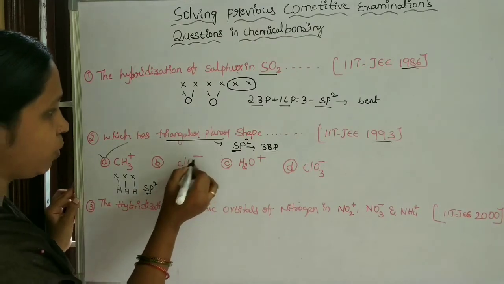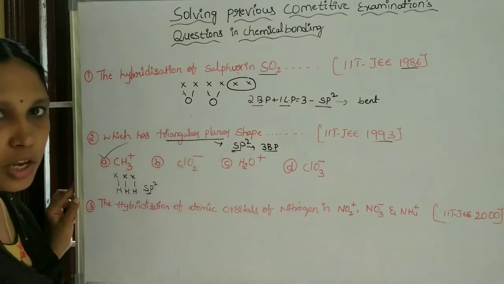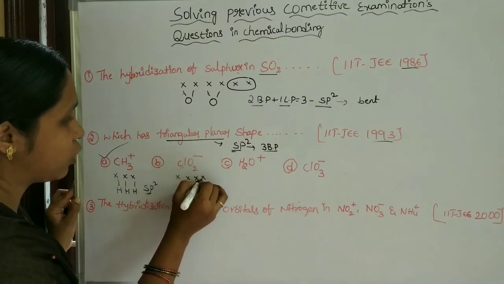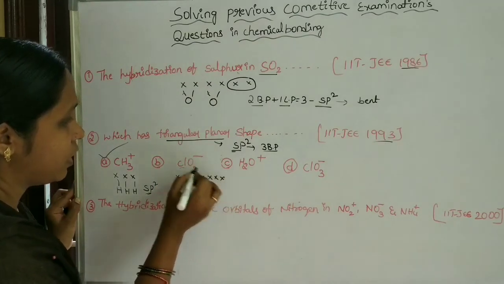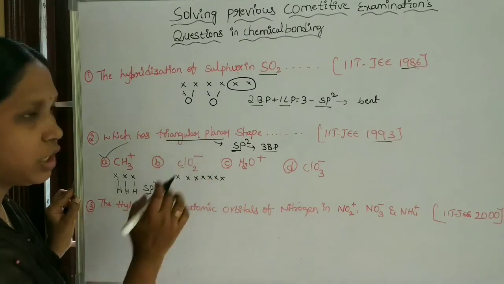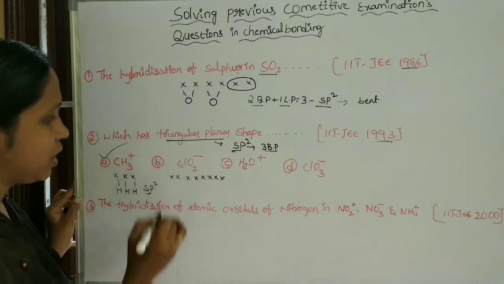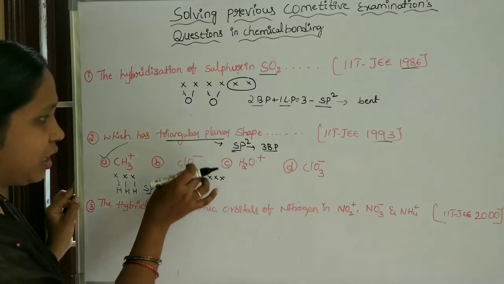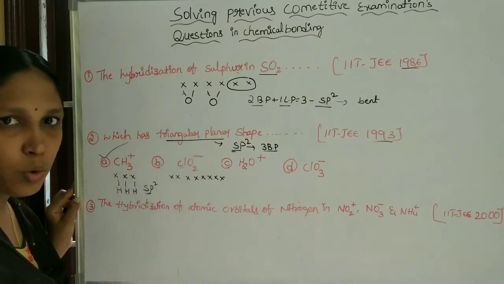And ClO2 minus: chlorine is a 7th A group element, so it has 7 single electrons and it carries 1 unit negative charge, so add 1 electron. So total 8 electrons are there, and it is surrounded by 2 oxygen atoms.